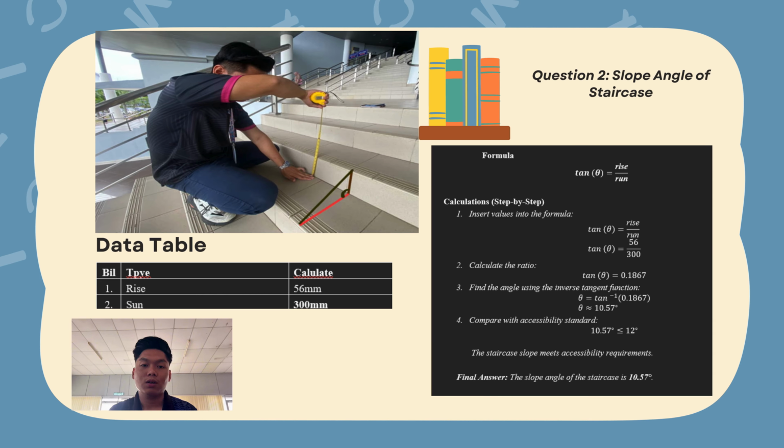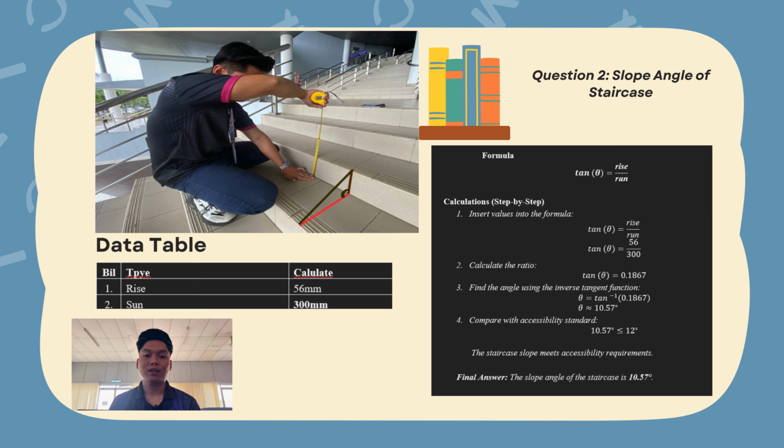To calculate the slope angle, we use the trigonometry ratio tangent. The formula is tangent equals rise over run. Let's insert the measured values into the formula. Tangent equals 56 over 300.